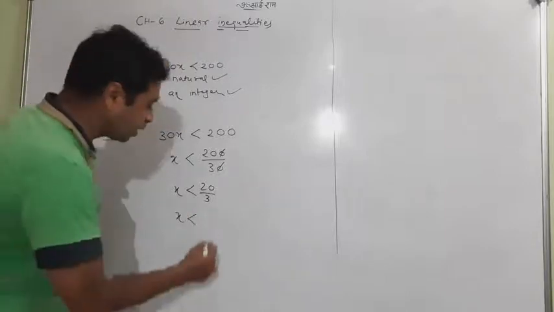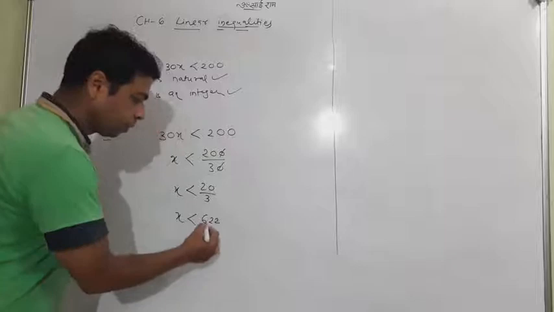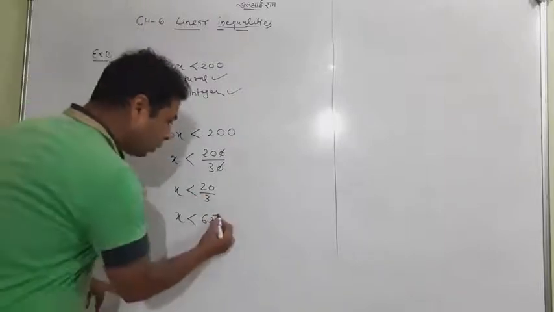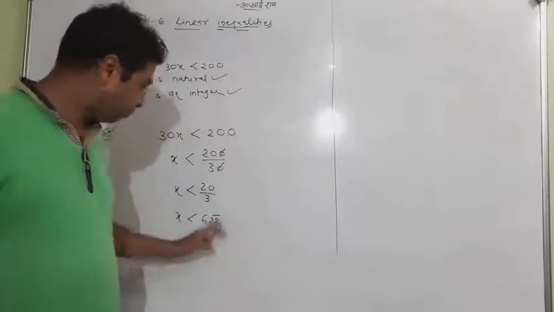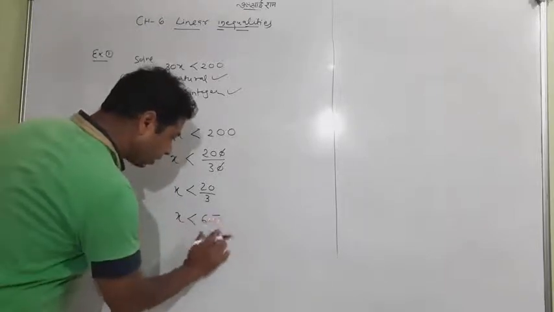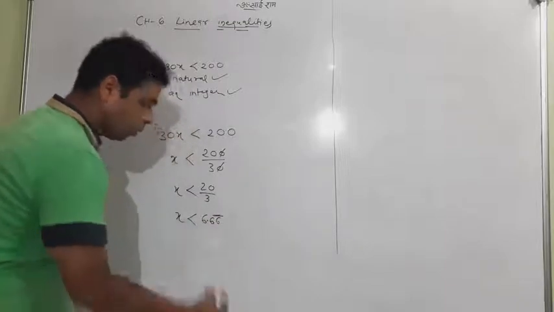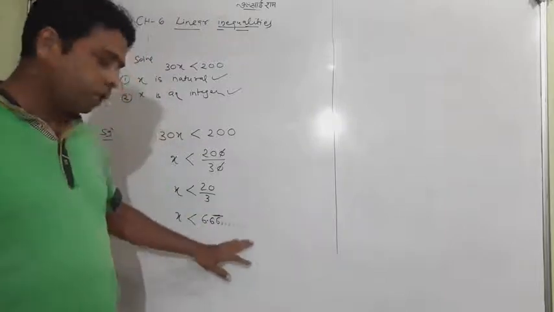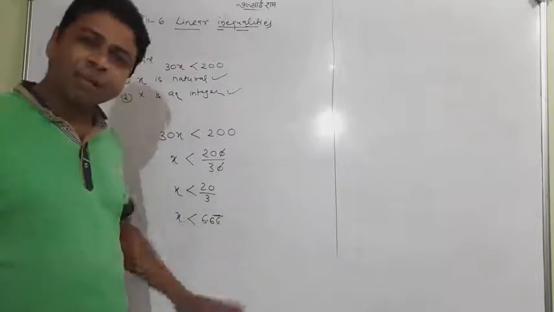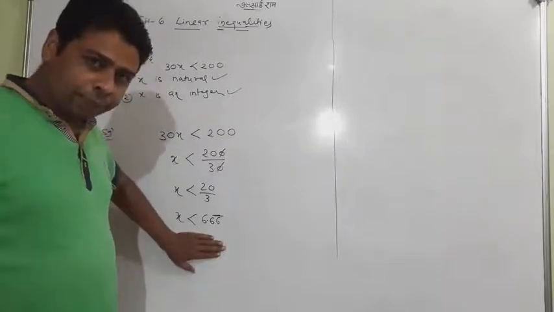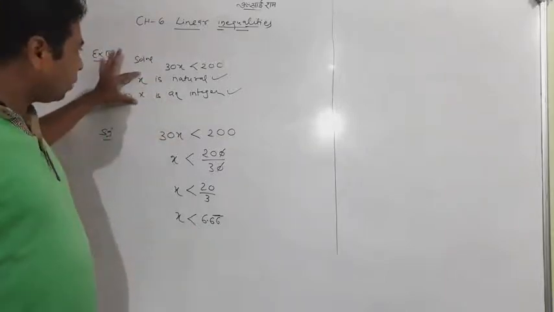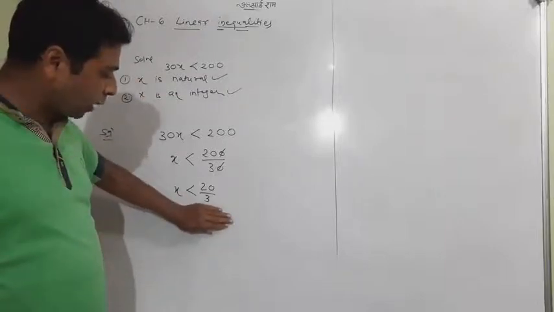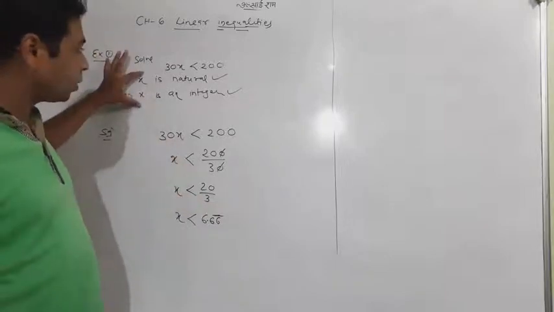You can write the approximate answer 6.66 and so on, approximately 6.6 or 7. This is not the answer when these two conditions are given. When these two conditions are not given, this is your answer, and you don't even need to write anything more.